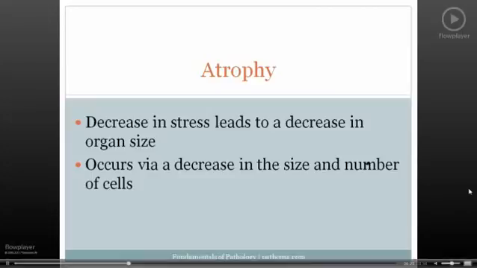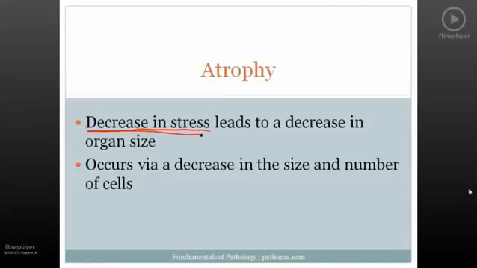Okay, the next growth adaptation is atrophy. Now, the idea with atrophy is that there is a decrease in stress on the organ. So if there's less stress on an organ, the organ will actually decrease in size. And that decrease in size is called atrophy. Now, again, really no rocket science. If an organ is going to decrease in size, there's really only 2 ways for that to occur.